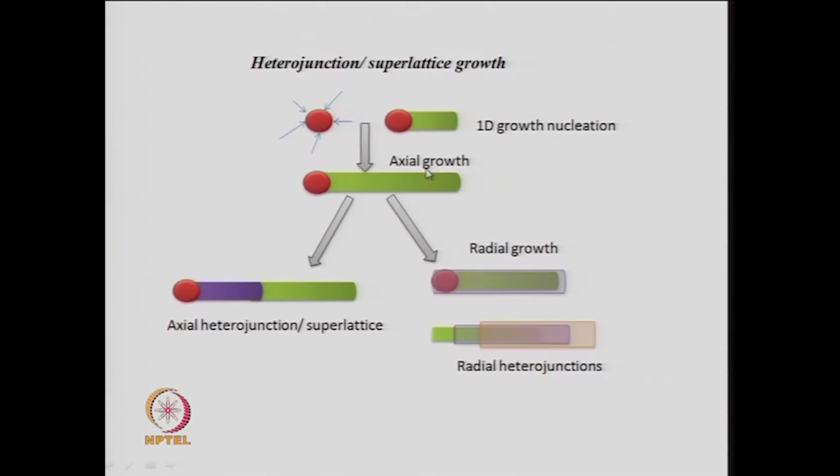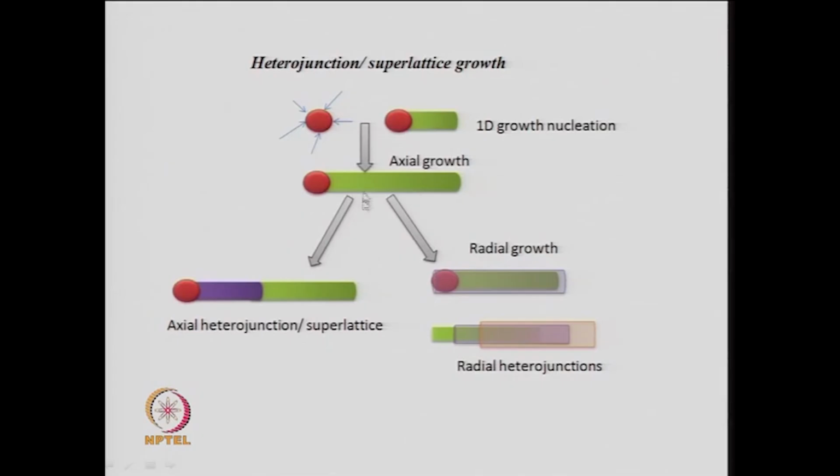Now, once you have an axial growth of one particular material, if you want to grow another material on that, there are two ways of doing it. One is you grow along the same axis another nanowire of a different material, and that is called an axial heterojunction or an axial superlattice.